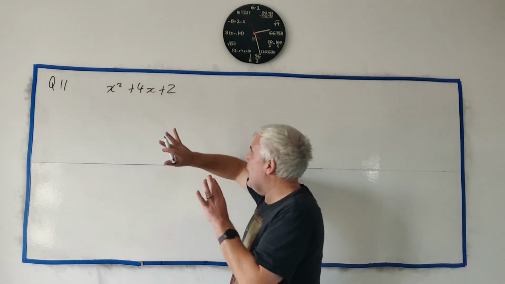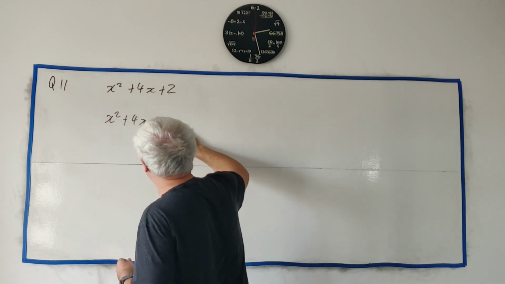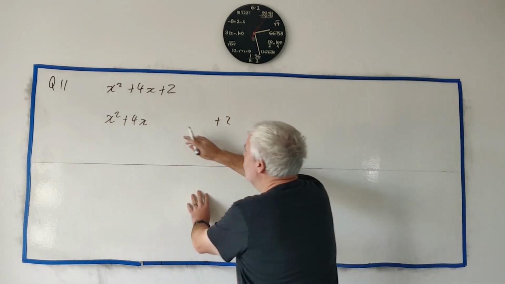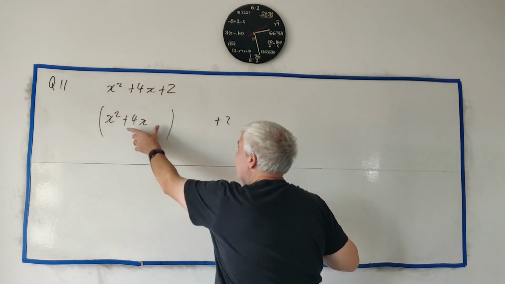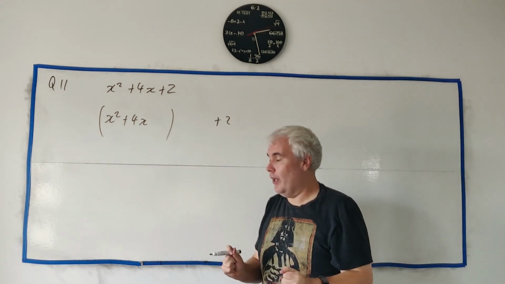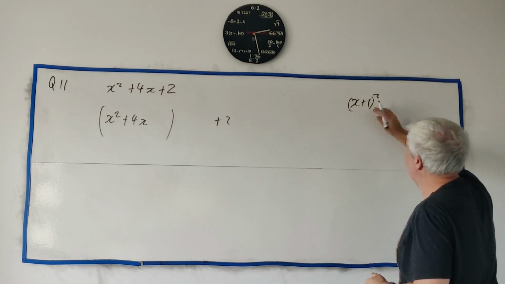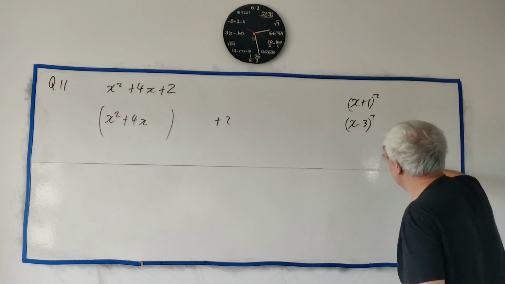How do we do it? We're looking for a number that goes here. Let's put in +2 here, leave a bit of space. We're looking for a number, something that goes here, such that this is a perfect square. And what I mean by that is like x plus 1 squared, that's a perfect square. X minus 3 squared, that's a perfect square.